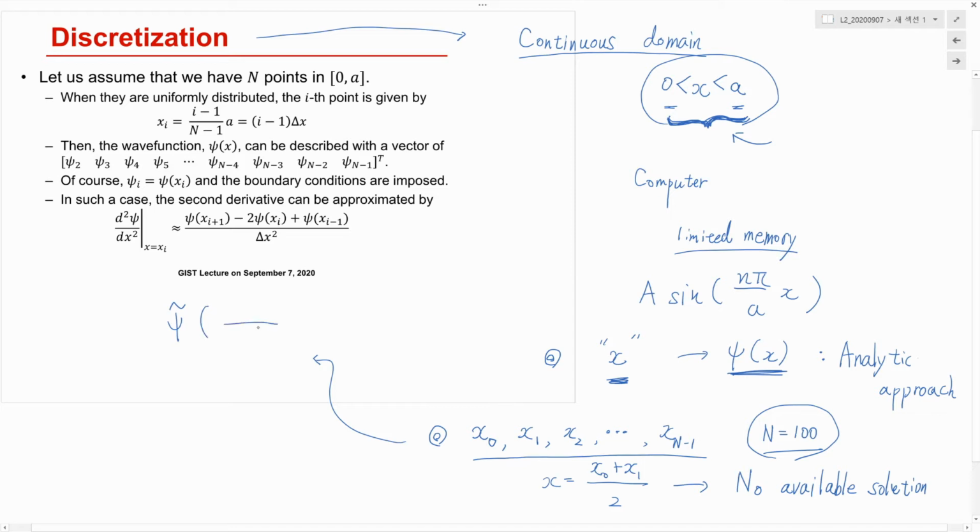Although we don't have any information about the midpoint between x0 and x1, we will assume that maybe we can make a good approximation by adopting something like this. Just taking certain discretized solutions and taking half and half will give a good approximation of this solution.